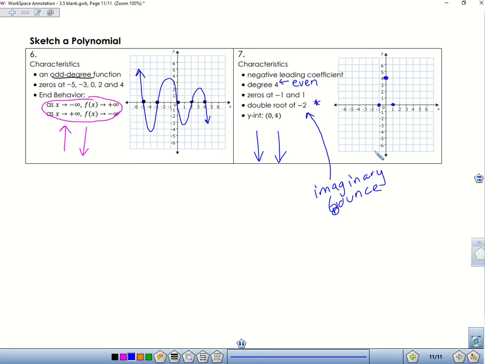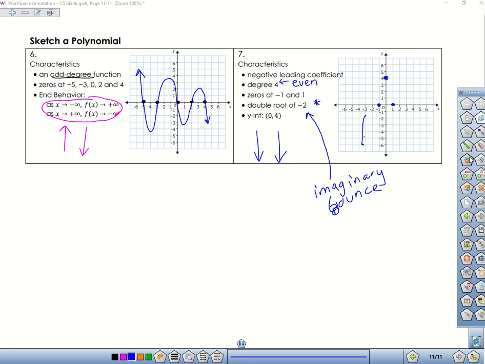So let's think through it for a second. We know that it ends down. So it starts downward, and then it goes at negative 2. It's going to look something like this, kind of weird. It's very hard to draw. Hang on, let me get my pen out. There we go.